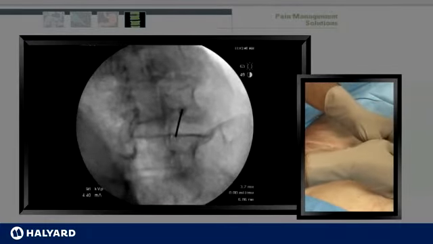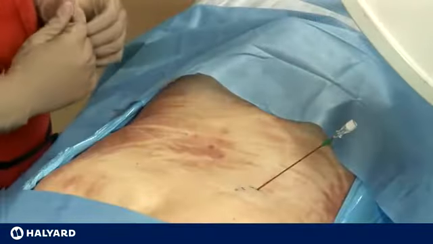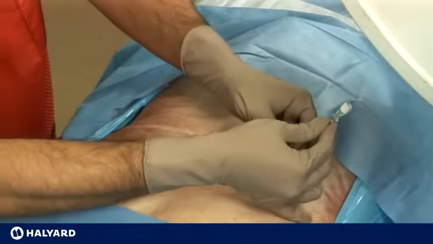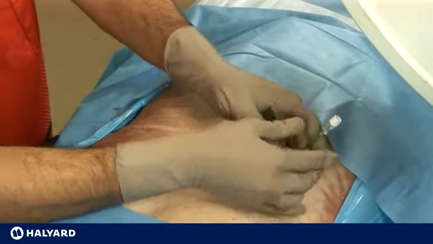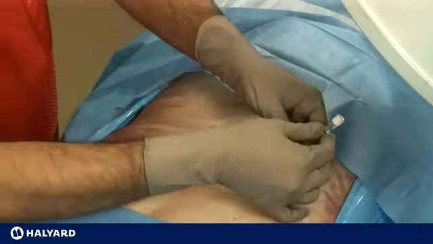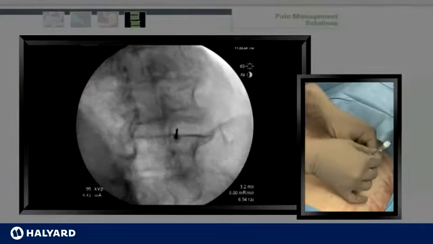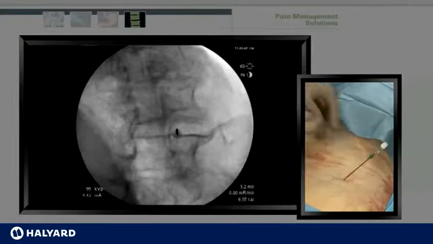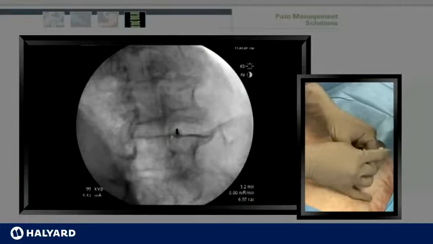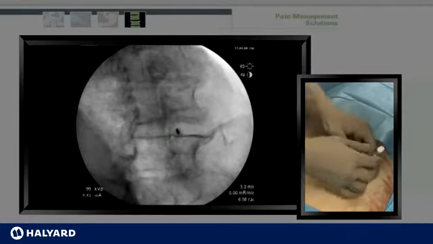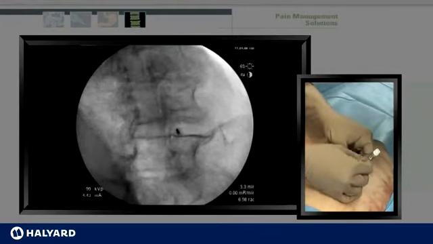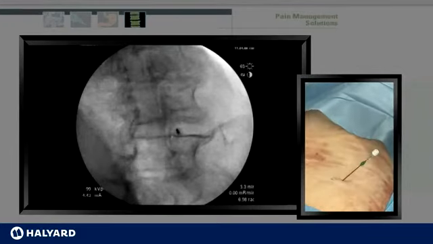Once I place my introducer needle, I'm working to obtain a coaxial approach so that I don't have to make too many changes as I get deeper into the space. Once that coaxial approach is obtained, I keep moving the needle forward until I enter the disc. Typically, once you've entered the disc, a slightly different consistency is noted.